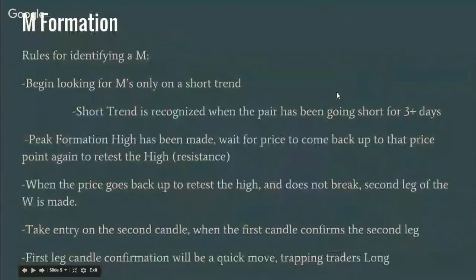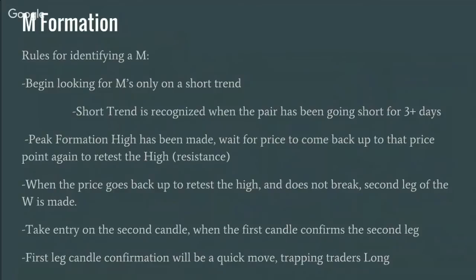Now the M formations. It's basically the same thing as the W formation, but flipped. I still want you to write it down, just so you have it. It's basically the same exact thing. Now, how do you look for M's?